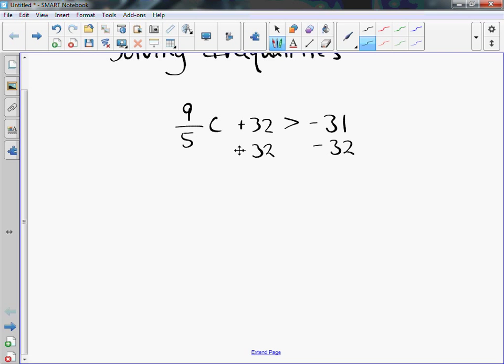So we end up with 9/5 c, still greater than. We did not divide or multiply by a negative, so our greater than sign is the same. And then negative 31 and negative 32 is negative 63.